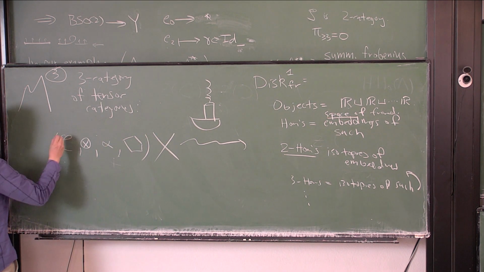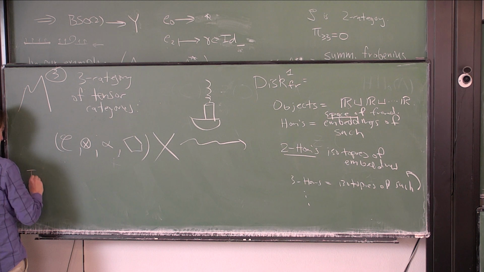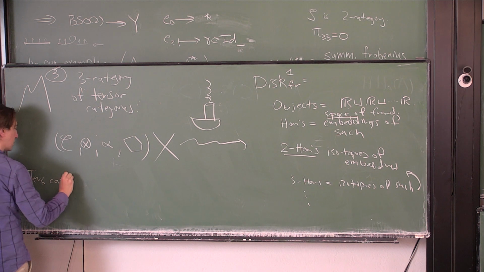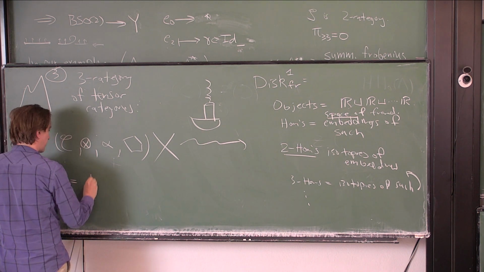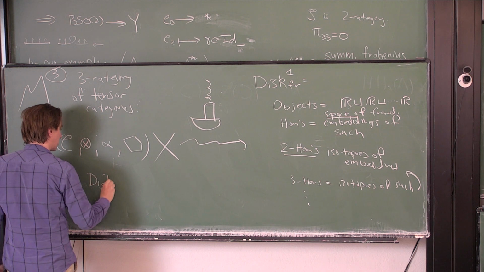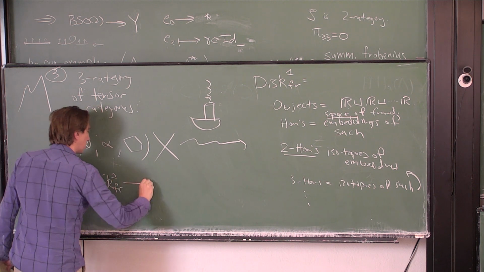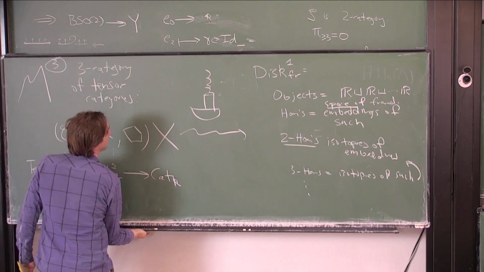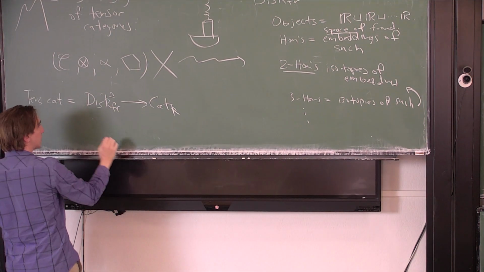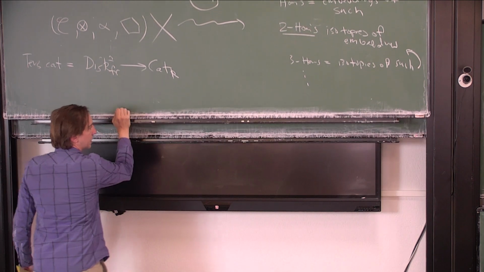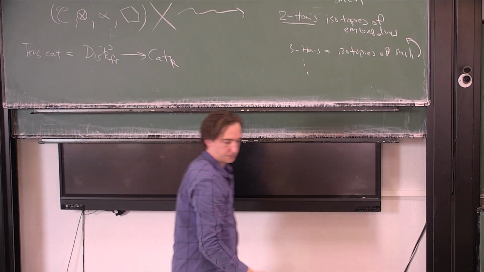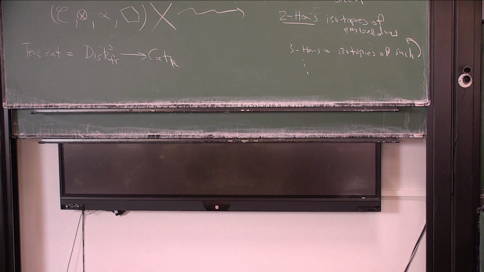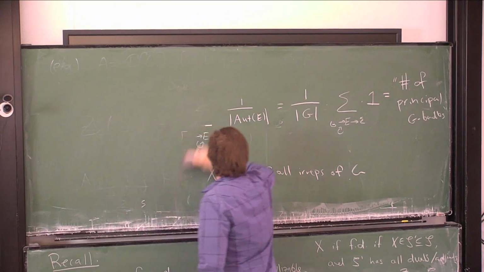Okay, and so now a different definition, a tensor category. This is a functor from framed disks 1 to the category of categories. That's my definition of a tensor category. Why do I say this is the homotopy way?